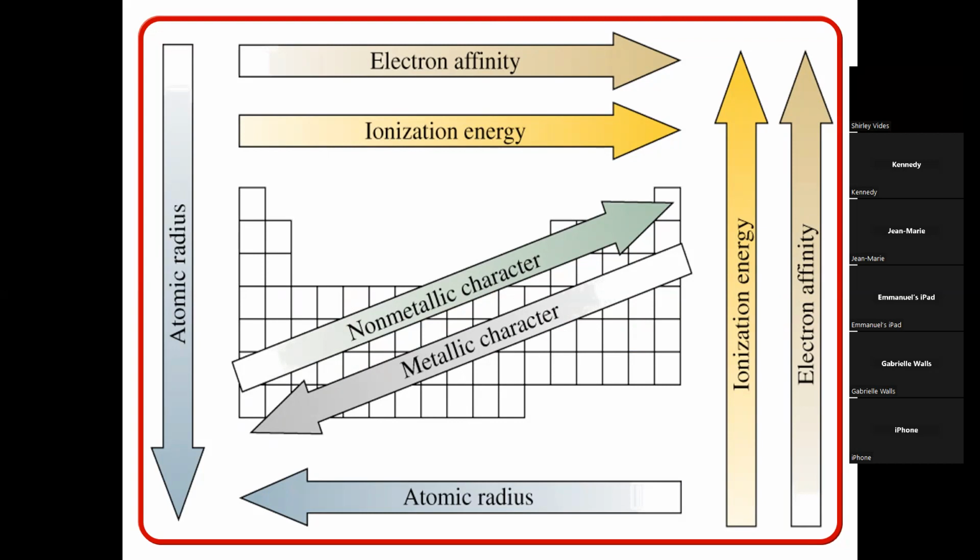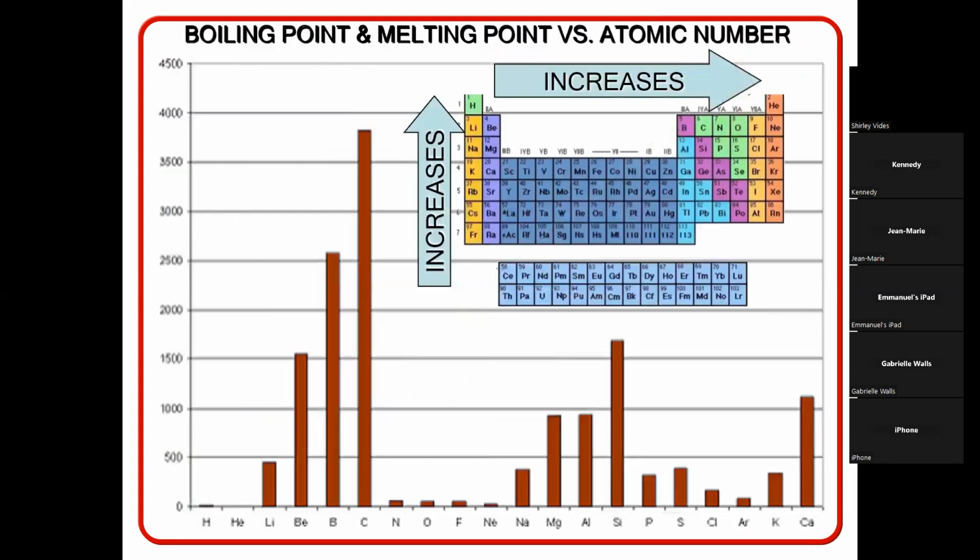And it decreases towards the lower area on the left, because those are metals. The metallic character is the opposite, because metals are on the left side and non-metals are on the right. So it just makes sense. All right. So that is all of that.